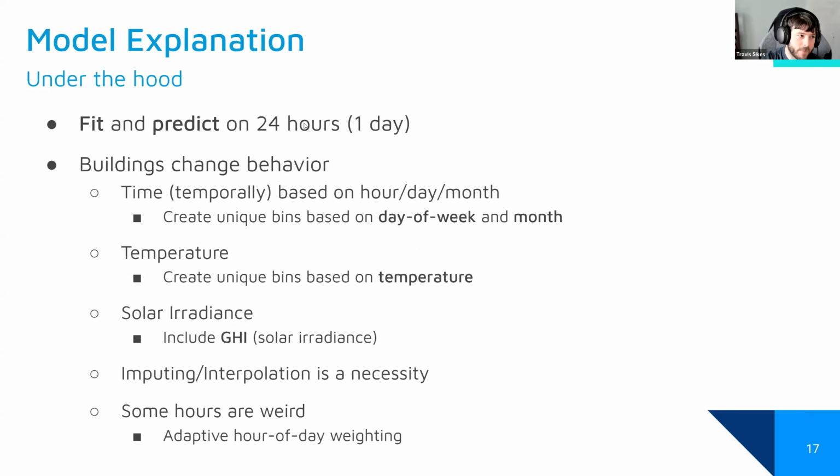Going a little bit deeper, we have changed the model so that it will fit and predict on 24 hours, aka 1 day. The reason why we did this, Adam alluded to earlier, is so that we can inherently capture thermal inertia without having to do anything special. So day to day, parameters tend to be somewhat correlated with each other.